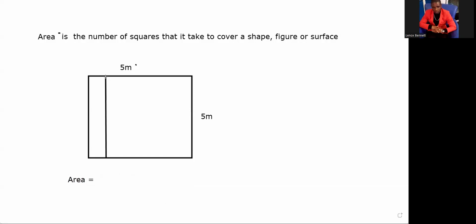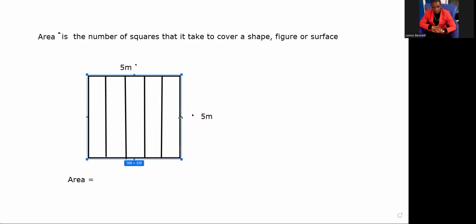I try to even it out as much as possible. 1, 2, 3. All right, that is better. And then 5 going across as well, because this is 5.